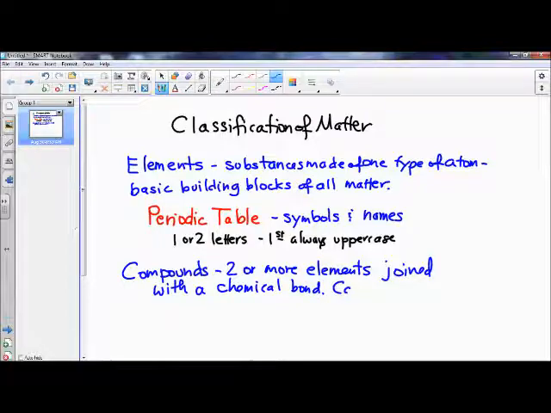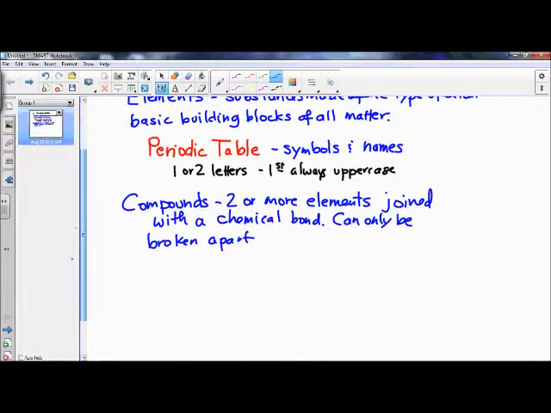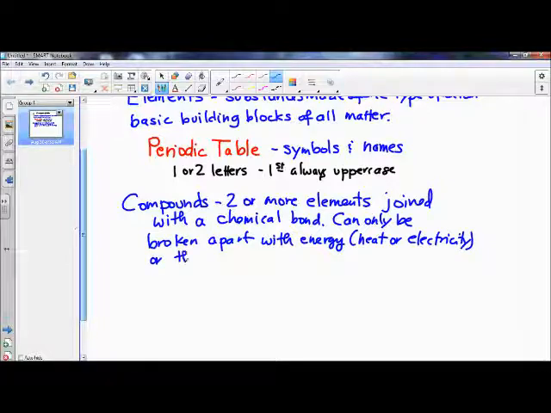These can only be broken apart with energy, usually in the form of heat or electricity. Or through chemical reactions.